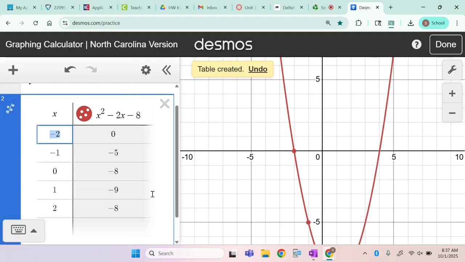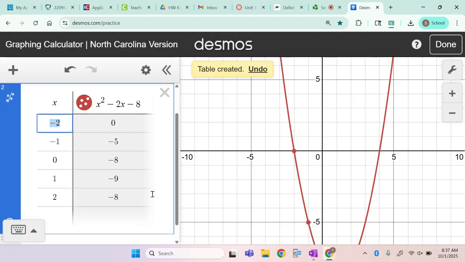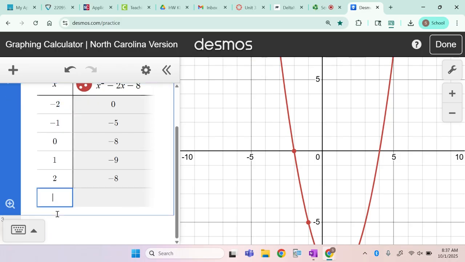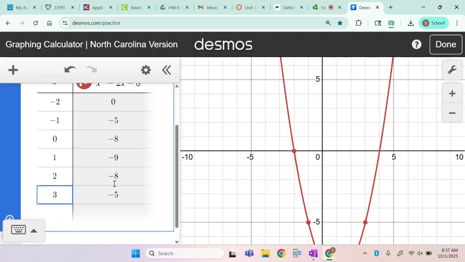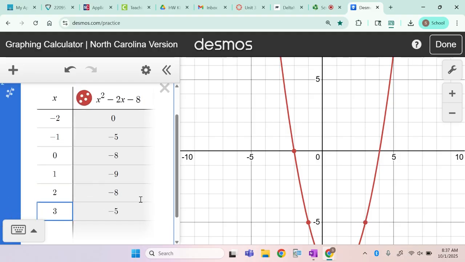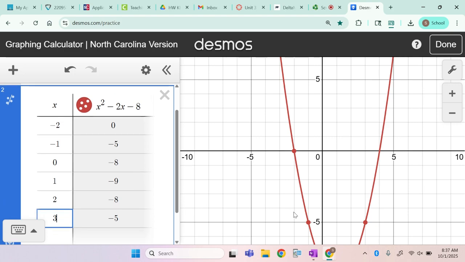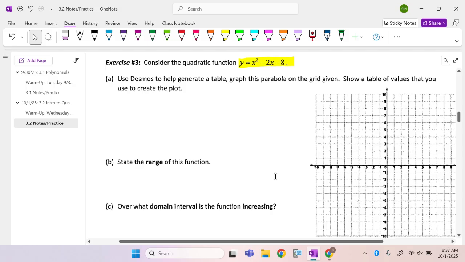Click it. There's a nice table for you guys. Great thing about Desmos tables is that if you need more points, you can input any x value you want. It'll automatically generate the y value. So if I put in 3, there's my next point. All right. So generate that table, copy it down, graph it, and then find the range.